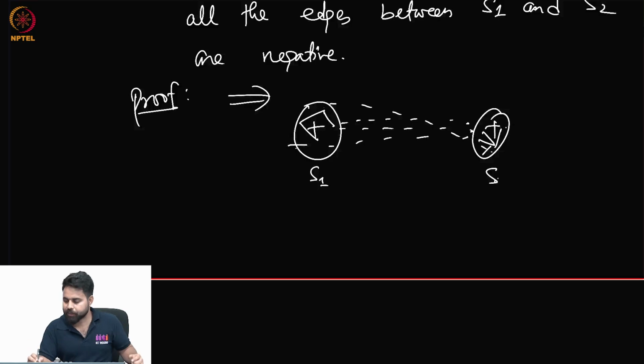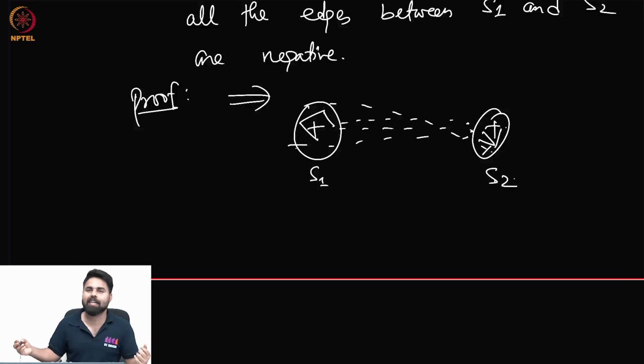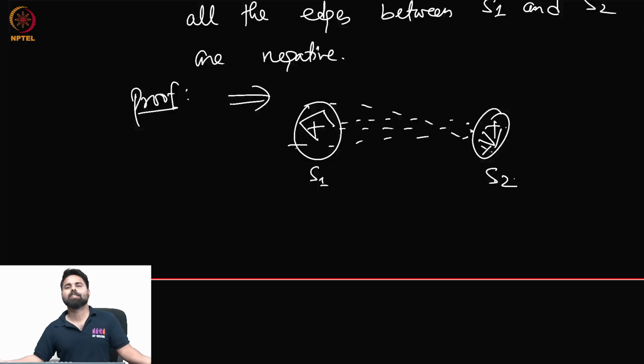Every cycle inside S2 is positive as well. Now let us consider a cycle which crosses S1 and S2. If you start at S1, it will go to S2, then come back to S1, and by doing so it covers an even number of negative edges.